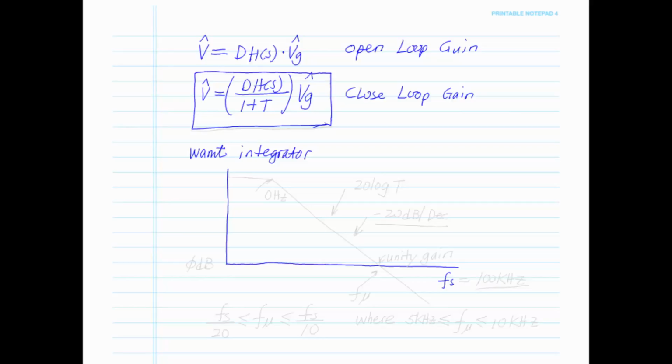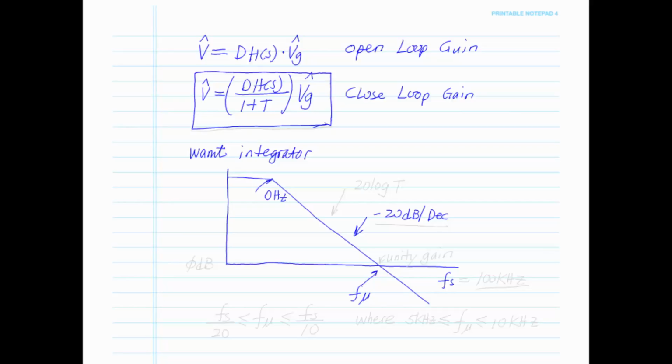So when we look at the loop, it's going to look sort of like this. And this is your 0 dB. And this is really the gain of the op amp that limits me, or else if there were infinite gain, it would continue going up. So usually the bandwidth of the op amp is usually about 10 hertz, somewhere around there.